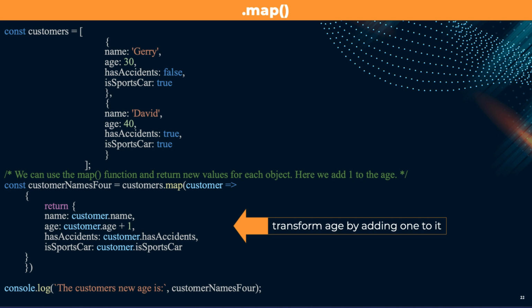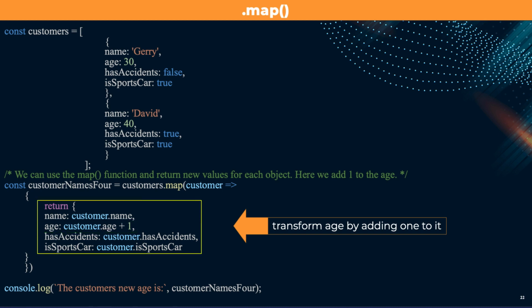Now the last one is we're going to transform the data. In this case, it's very similar to the last one, but what we're saying is that we want to map the customer to return name: customer.name, age: customer.age plus 1. So we're adding 1 to the age.